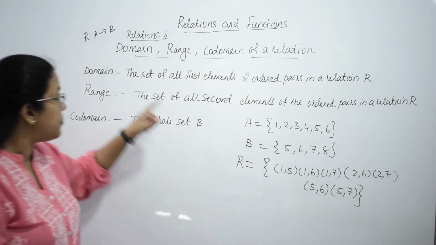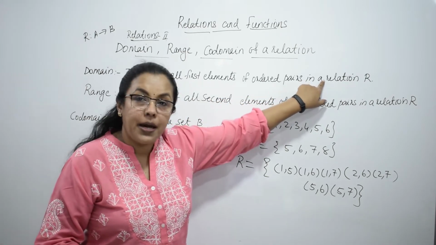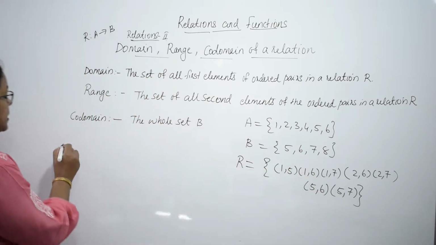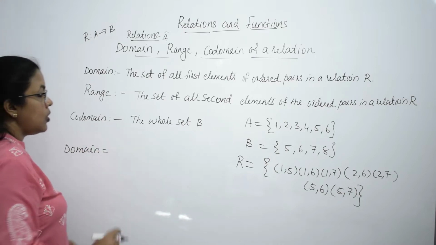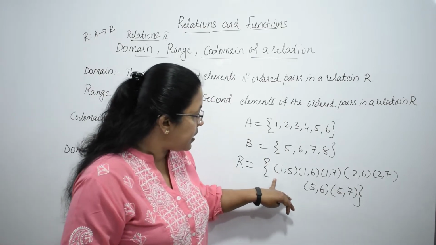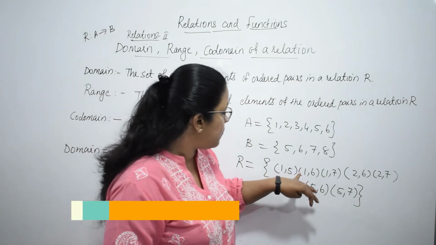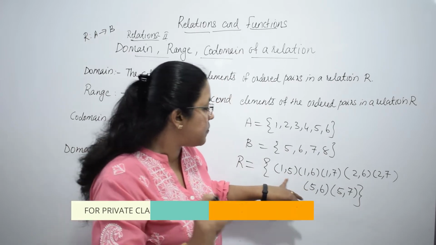What is the definition of domain? The set of first elements of the ordered pair in the relation R. What is the set of first elements in the ordered pair of this relation? Look at the ordered pairs. (1,5): 1 is the first element. (1,5), (1,6), (1,7): first element is 1.